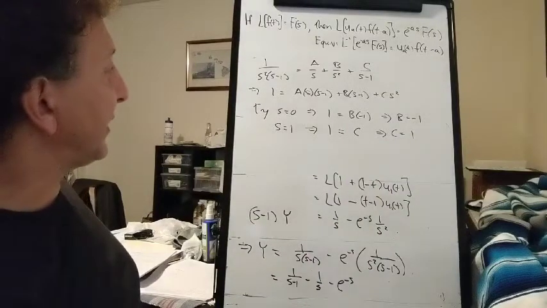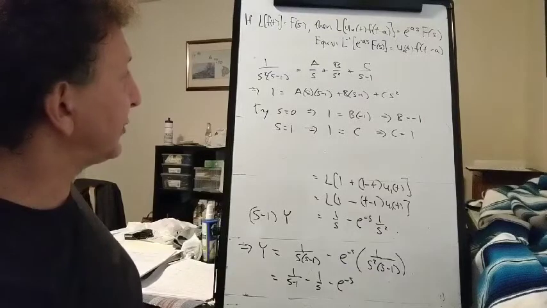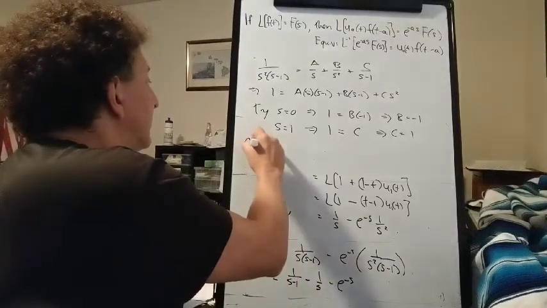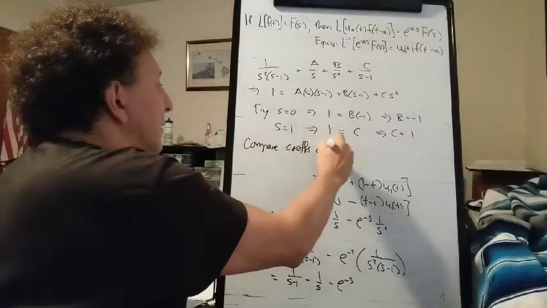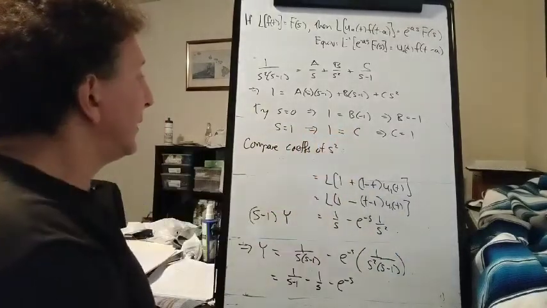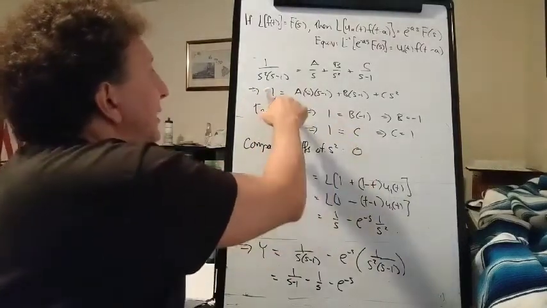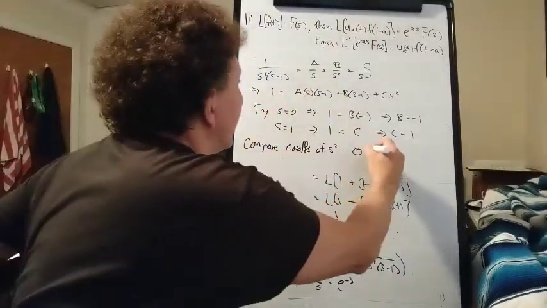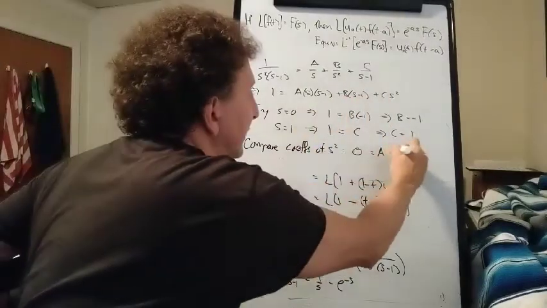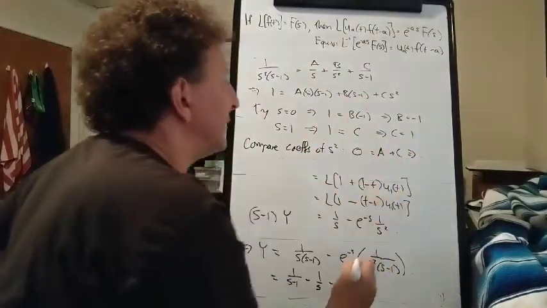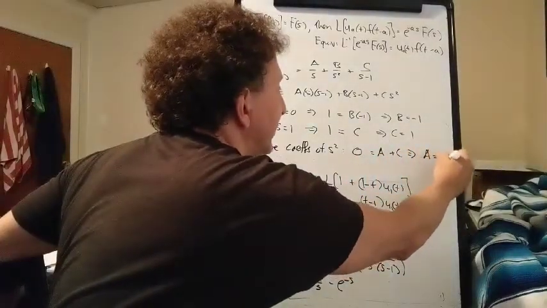And then I guess there's nothing else obvious to plug in, but if we compare coefficients of s squared on both sides, then we've got 0 s squared on the left equals A s squared on the right plus C s squared. So that means that A is the opposite of whatever C is. So A equals negative 1.